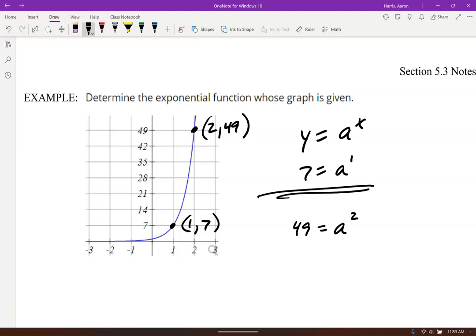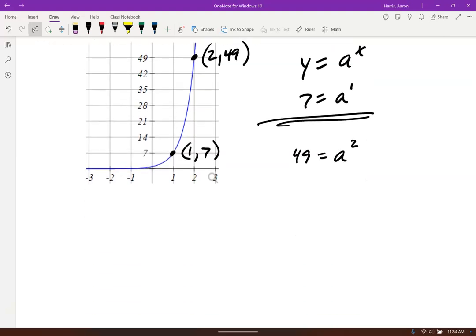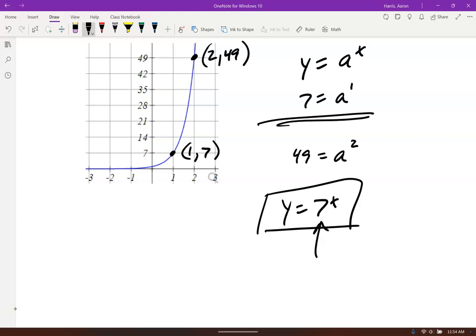And hopefully you say, oh, a's got to be 7. Right, 7 squared is 49. 7 to the 1 is 7, so on, right? So y equals 7 to the x would be one way to find that, right? And we know it's also increasing, so this base is going to be bigger than 1, right?